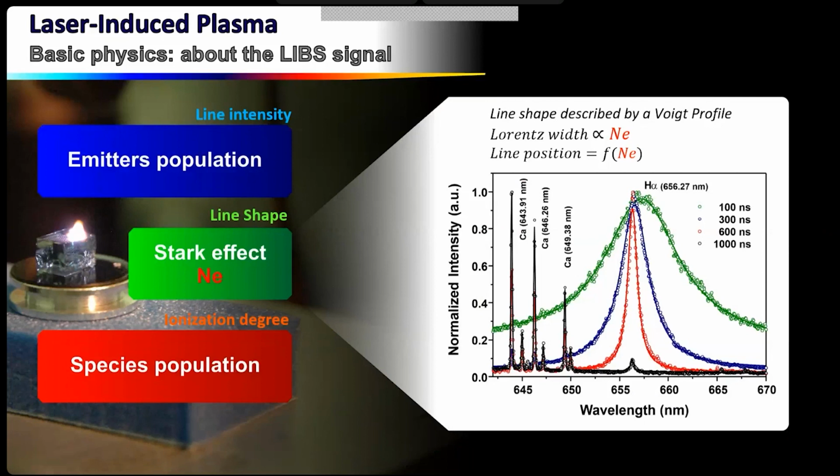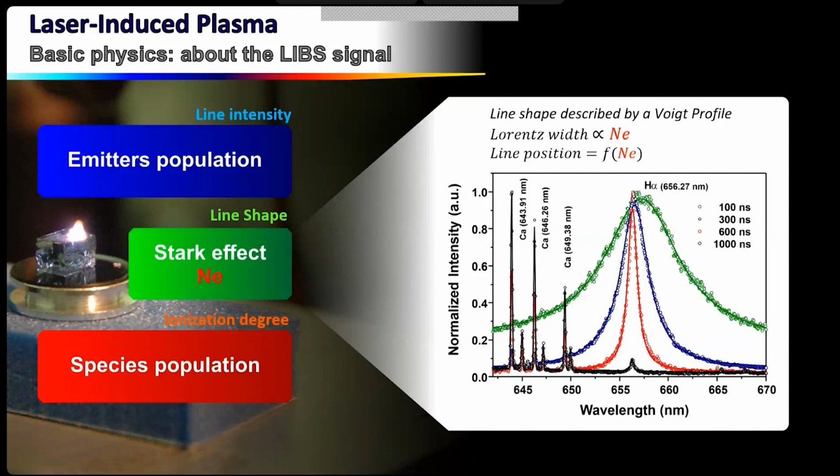So you can see here the influence of the electron density on the line shape for the hydrogen lines. That is one of the lines most affected by this Stark effect. You can see the narrowing of the line when the electron density reduces, and also a shift of the line to the left in this case. That is also related to the Stark effect.